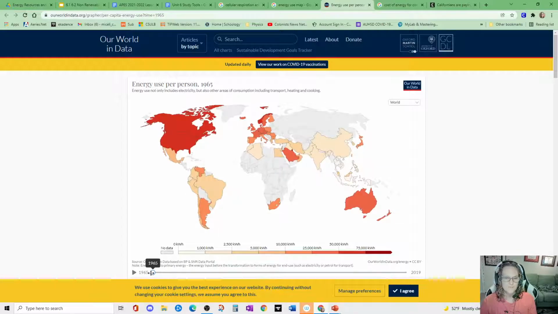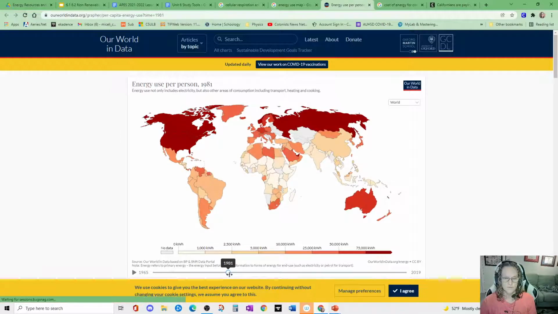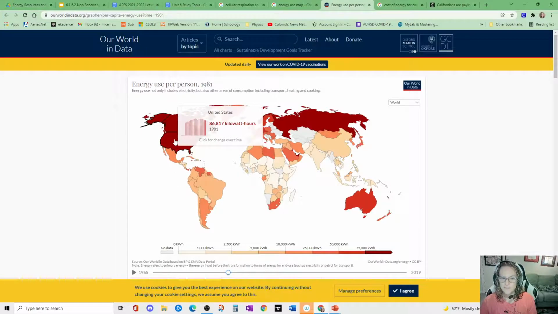So in 1965, and this is ourworldindata.org, so you can look at this website. Let's look at it. Look at the US, 72,922 kilowatt hours per person in 1965. And as we go through the years, I want to go to like the 80s. Now the US is using 86 per person.